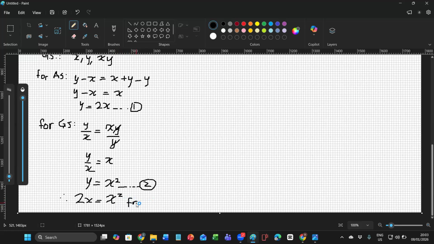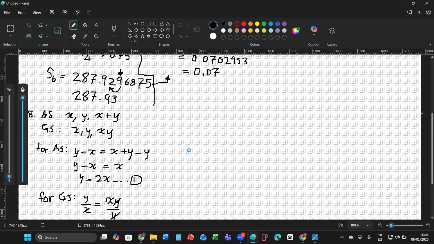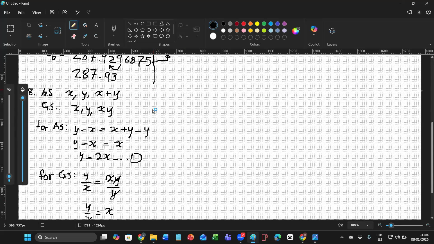So we can write it there, from equation 1 and 2. Okay, so let's move on now. Now that we can conclude that x squared equals x, we can come up with a quadratic equation. So that quadratic equation will be x squared, let me say that we continue here, 2x equals x squared.